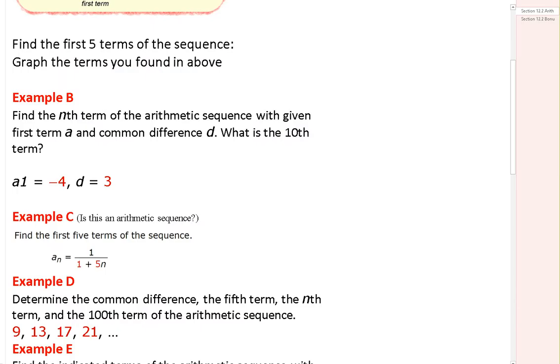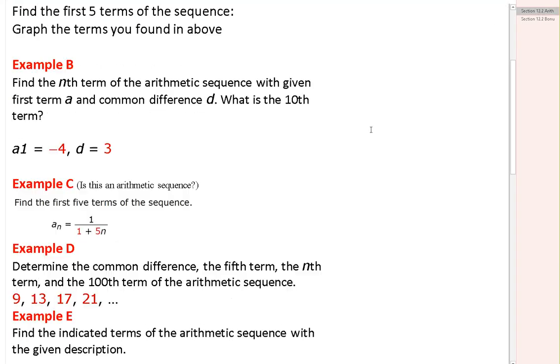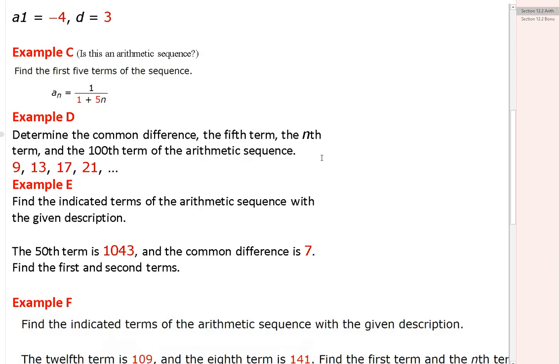Let's take a look at example C. So we've got a slightly different looking general expression here. So example C, A sub n is 1 over 1 plus 5n. And I want to determine if this is an arithmetic sequence.